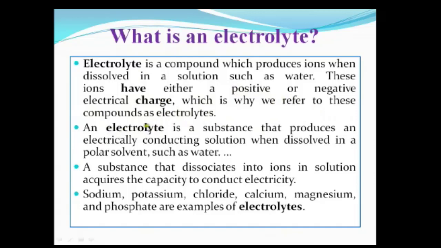Moreover, an electrolyte is a substance that produces an electrically conducting solution when dissolved in a polar solvent such as water, and also we can say that a substance that dissociates into ions in a solution and acquires a capacity to conduct electricity is an electrolyte.